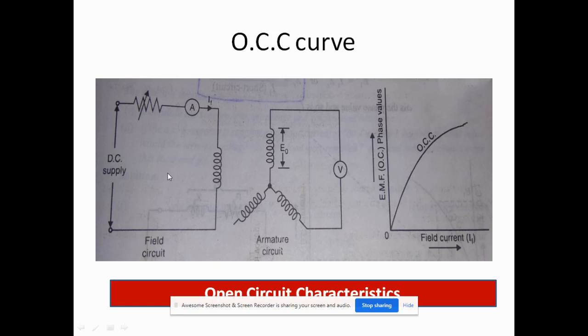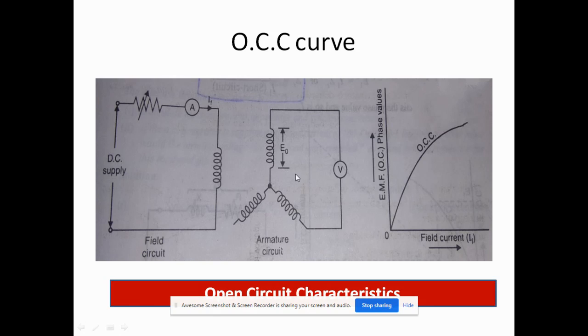One is a field circuit and second one is the armature circuit. The field circuit contains field winding. The armature circuit contains three-phase armature winding. And as it is open circuit characteristics, here the secondary side or load side or armature circuit is open circuited.